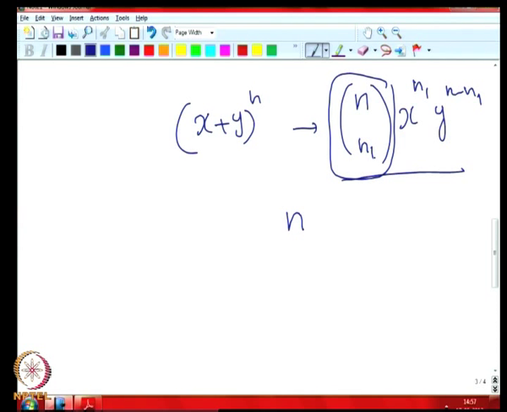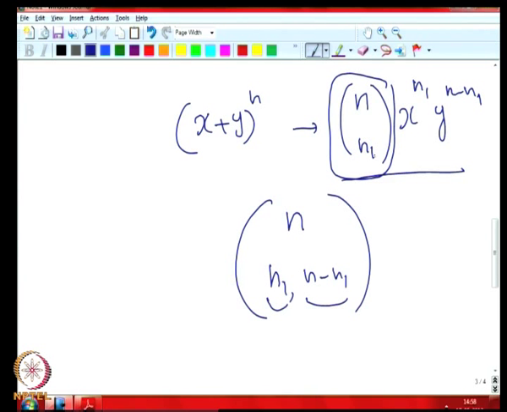So n choose n1 comma n minus n1 is when k is equal to 2, a multiset of cardinality n with n1 things of first type and n minus n1 things of second type is permuted. How many ways you can do this.